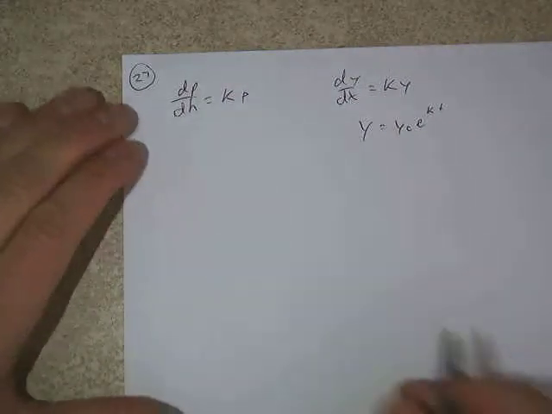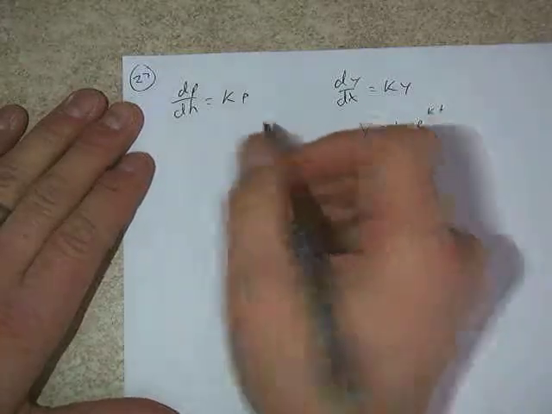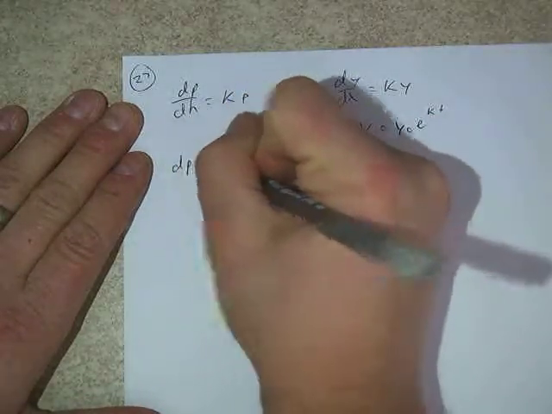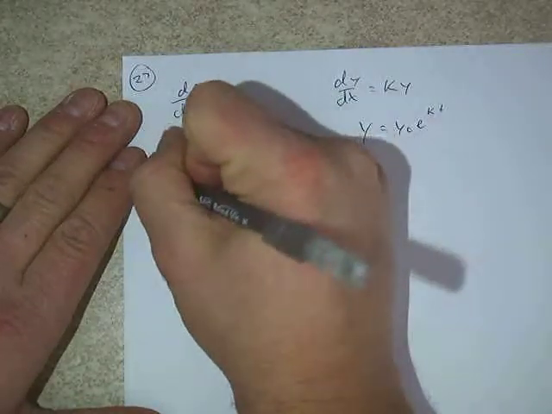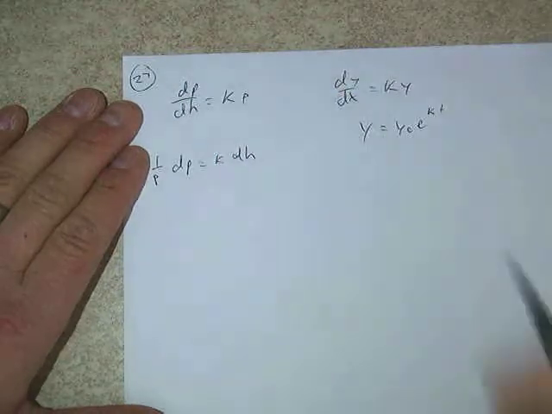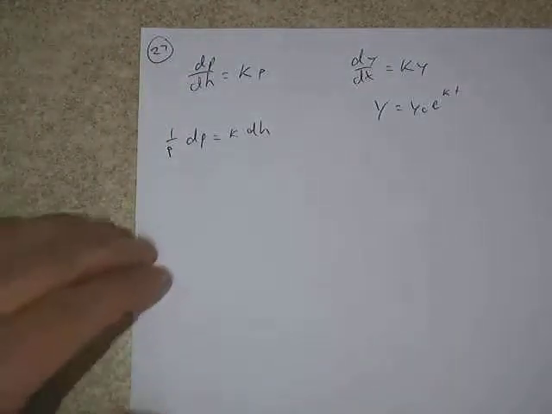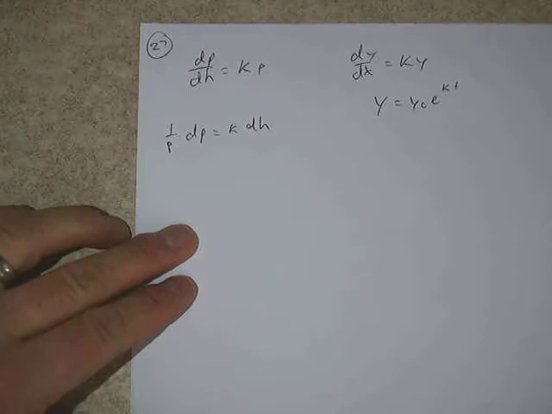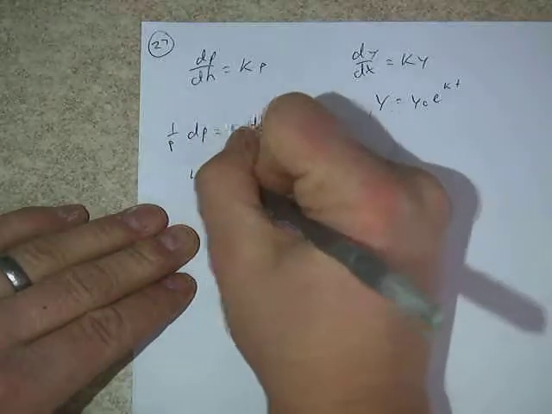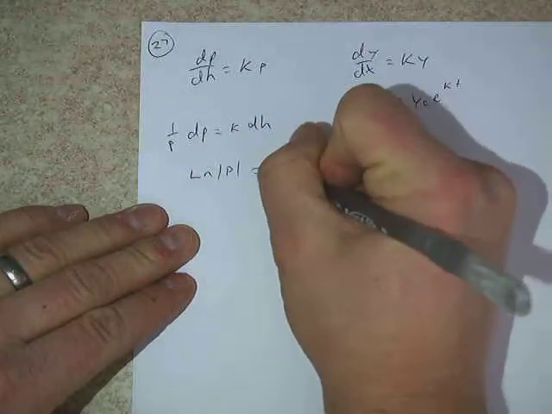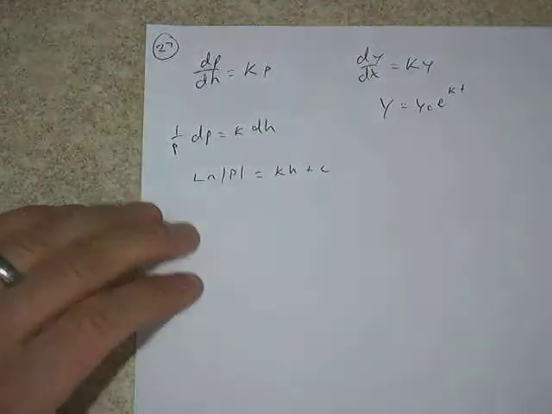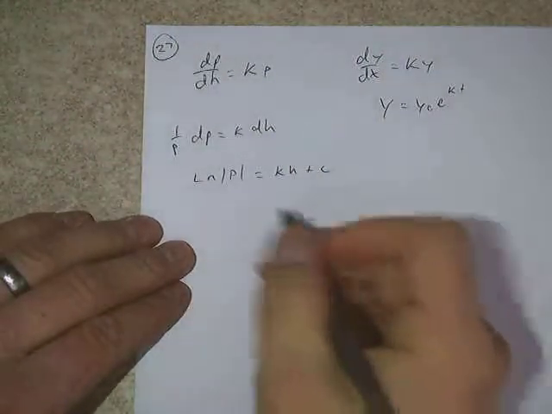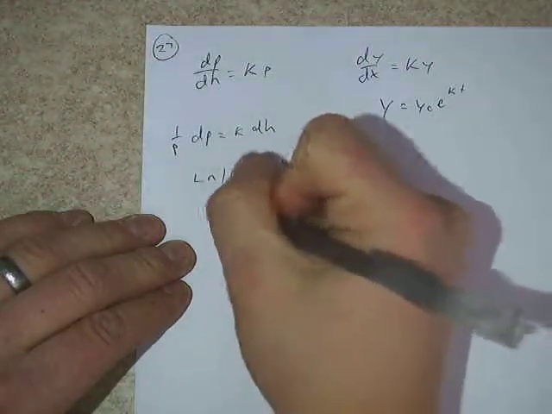So we learned in our notes that dy/dx equals ky would lead us to y equals y sub 0 e to the kt, which ultimately would be our exponential change model. We went through the derivation of that, but just to re-illustrate here, if we didn't remember that, we could separate variables.